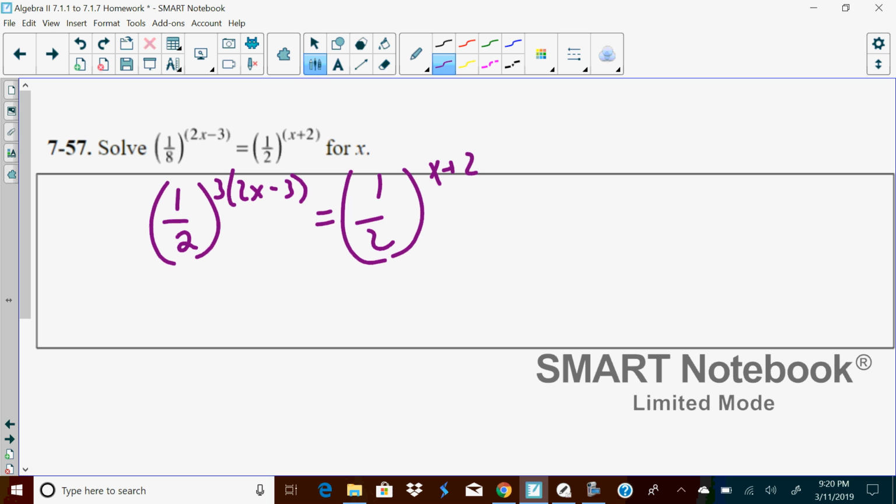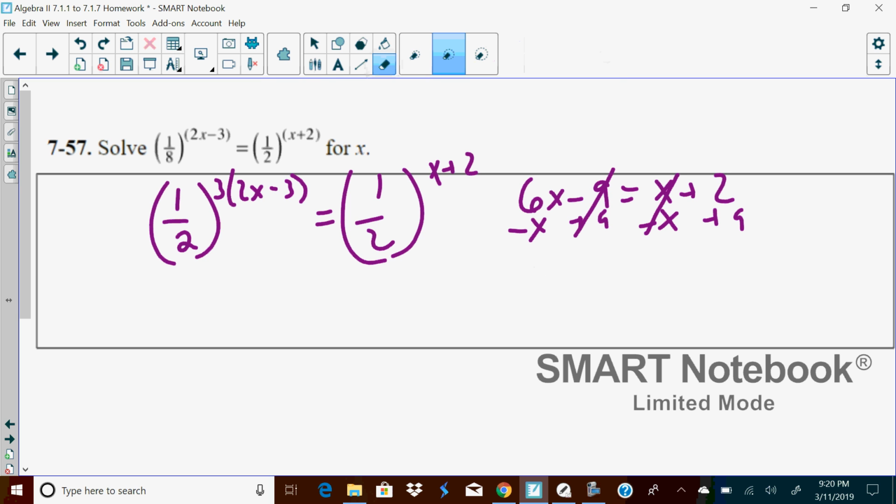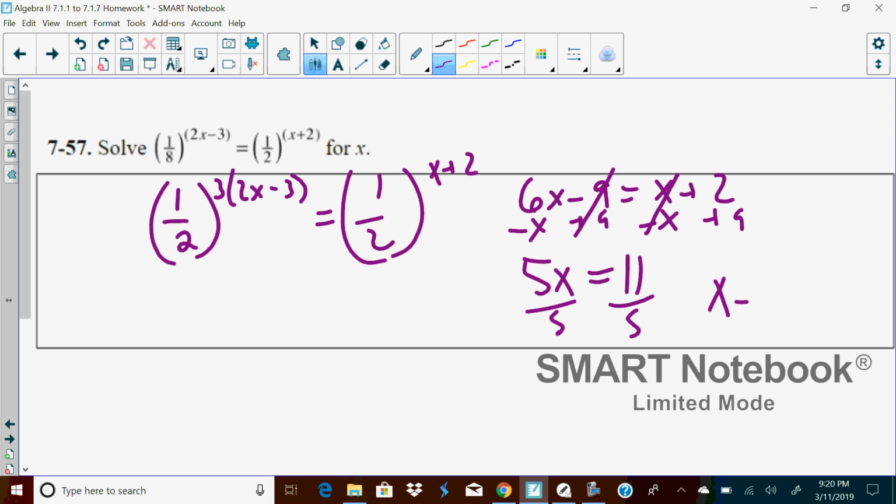So then I just put those two together and solve. So I get 6x minus 9 equals x plus 2. Subtract x from both sides, add 9. So I get 5x equals 11. So x is going to equal 11/5.